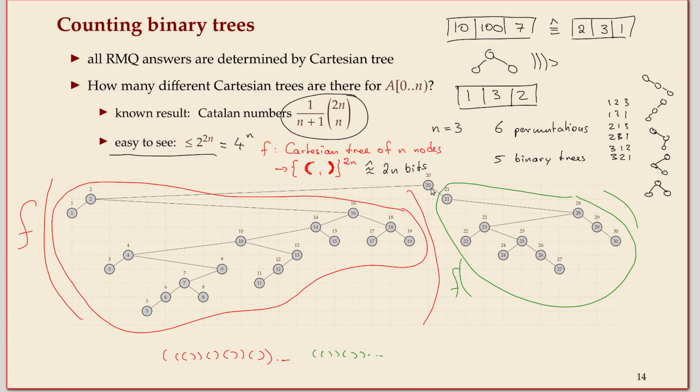And then for the root node, we will add one pair of parentheses starting before the red part and ending just after the red part. So this blue pair of parentheses separates the left subtree from the right subtree.